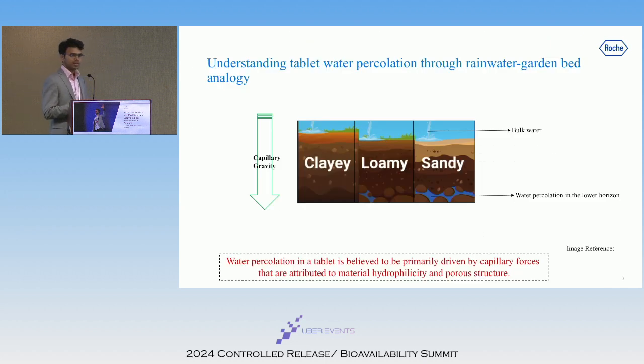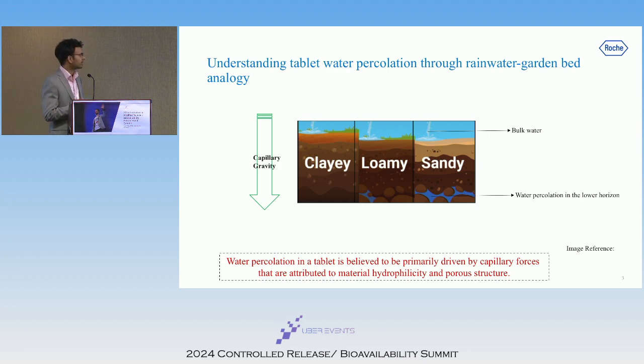So this is a schematic which explains what percolation is. I'm not going to go into the details, but generally speaking, percolation is a fundamental behavior that is demonstrated by all porous materials. And it describes the fluid movement inside the porous materials under the influence of gravity and capillary-induced forces.